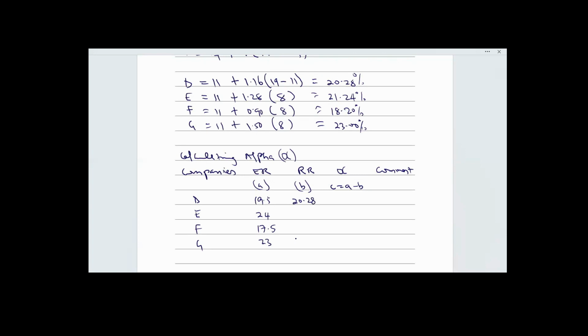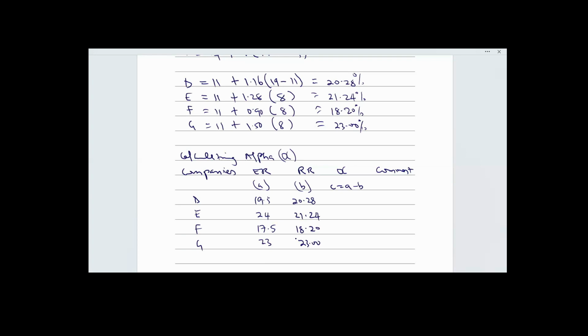Let's just leave it as it is, two decimal places. So 20.28, then 21.24%, 18.20, then 23%.